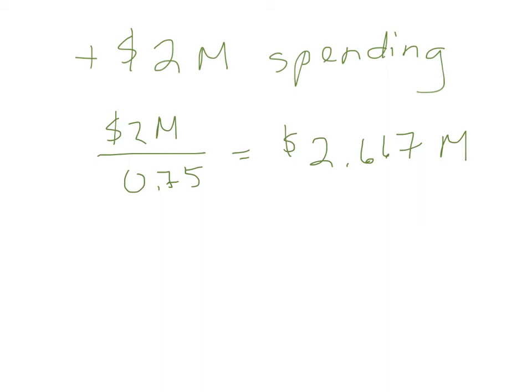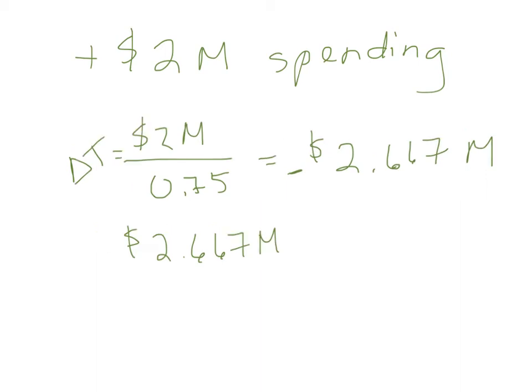Now let's look at this one more way. This is the change in T, and this is going to be a minus, okay? So we want to have a reduction in taxes by this amount. So let's say we have our reduced taxes of $2.667 million, and people receive that as additional disposable income.